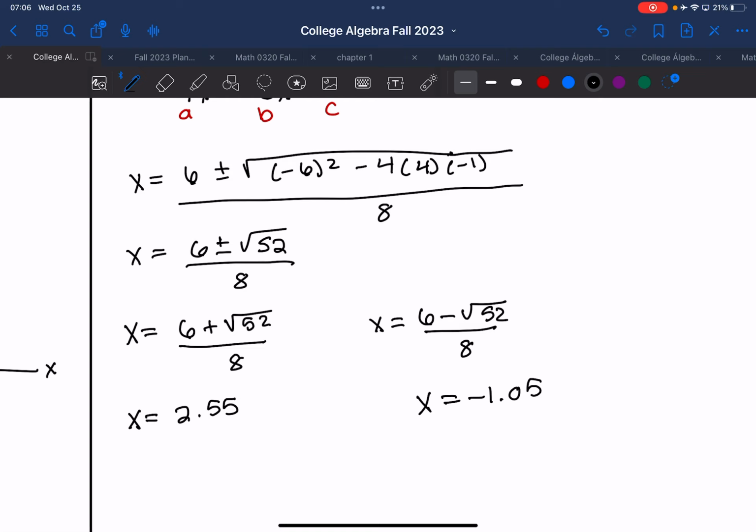Again, it could just be an error on my part with the calculator. You have 1.65 for the first one, and the second one I got minus 0.15. Okay, so let me double check that one. So negative 0.15? Yeah. Okay.